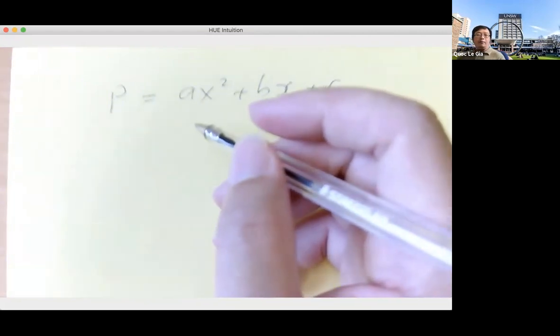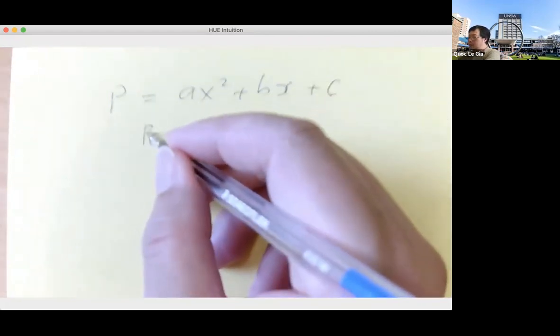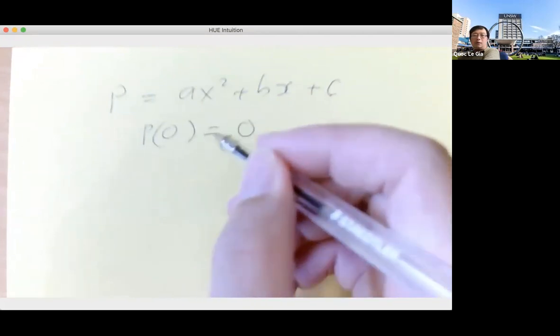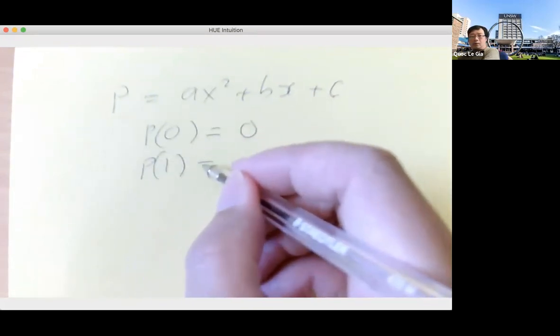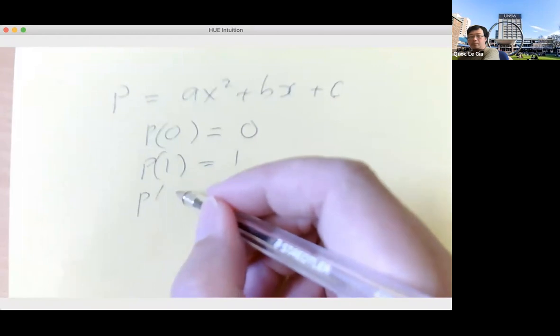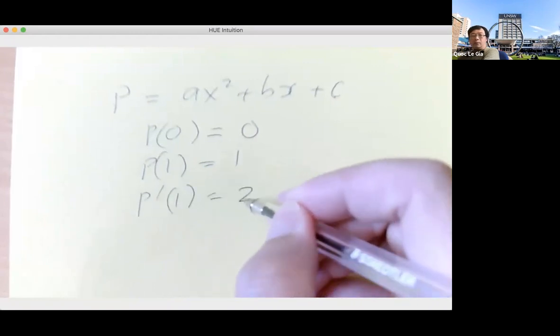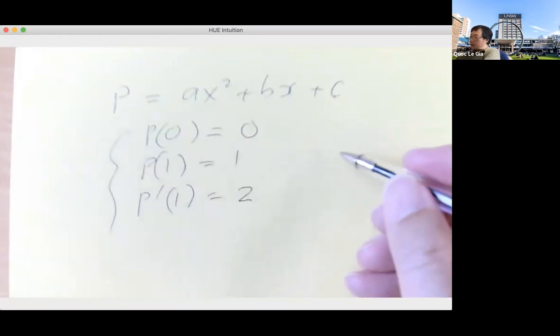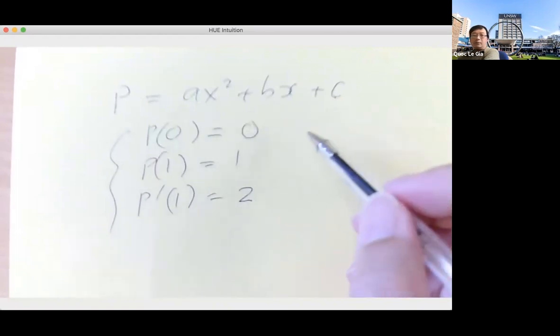And then you have three conditions: p(0) equals 0, p(1) equals 1, and p prime at 1 equals 2.